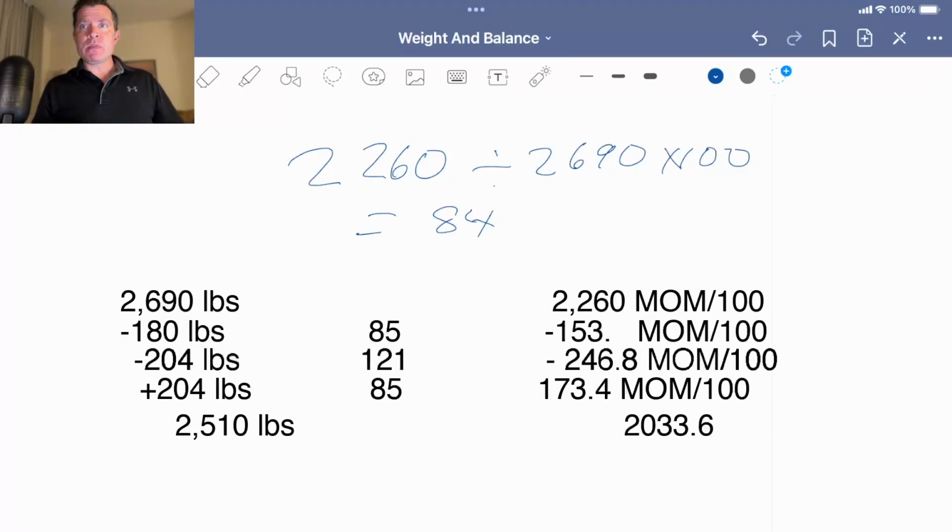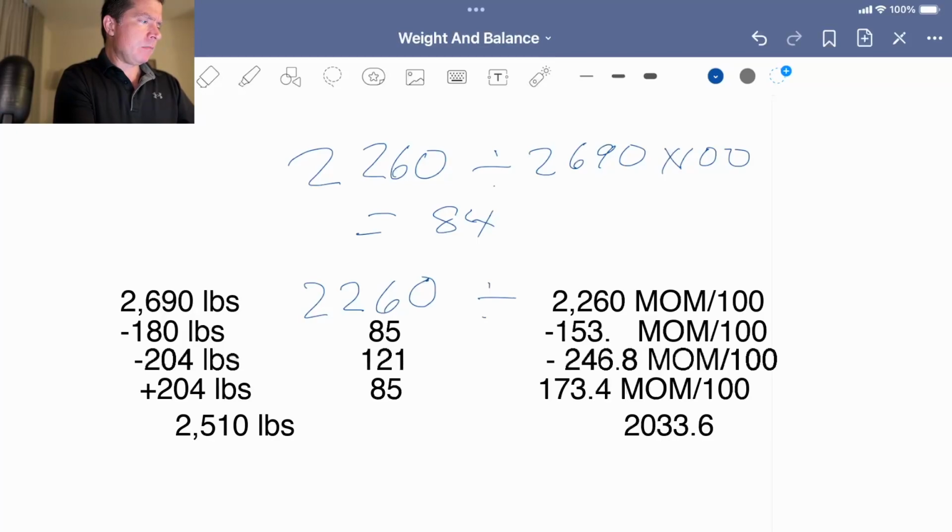Now we're going to do the same thing with the new weight and moment. So that's going to be 2,260 divided by, I'm sorry, that's still the old one. Backtrack.